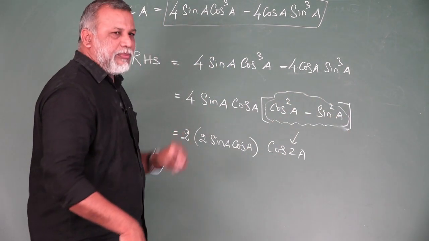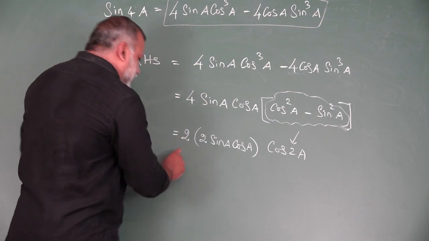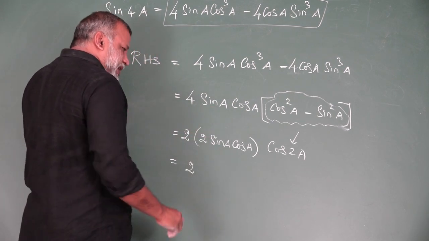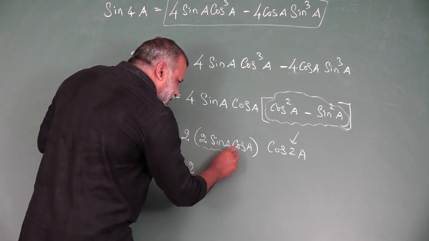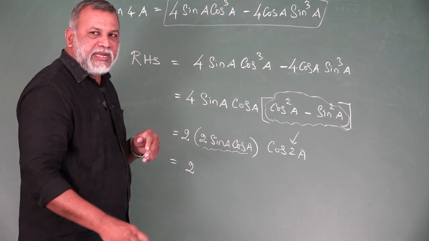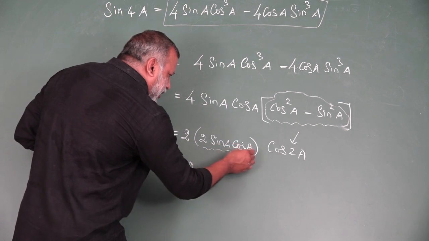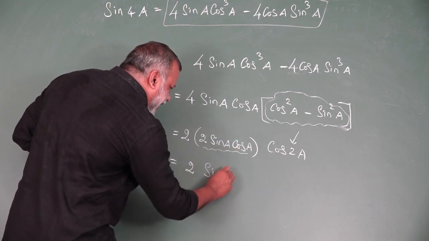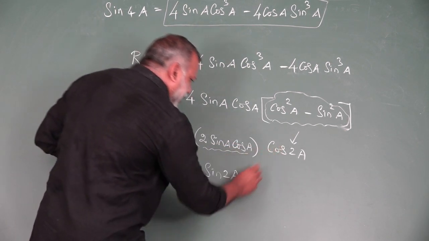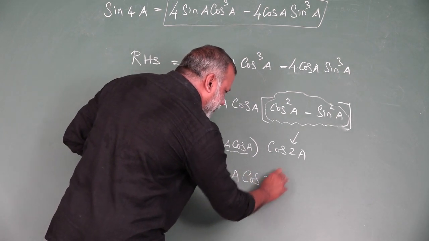That is the logic we applied. Once again, 2 is the coefficient, and 2 sine A cos A is a multiple angle identity, which can be simplified as sine 2A. Again here one more cos 2A.